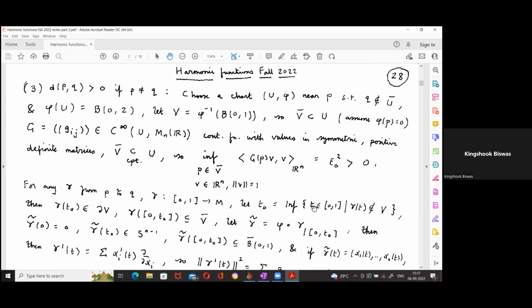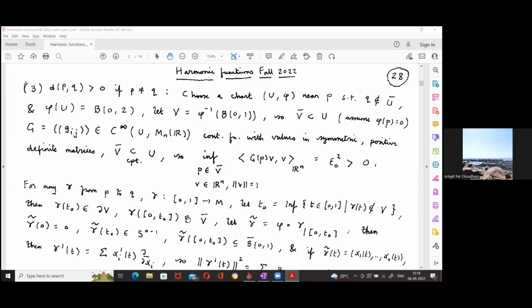This is the infimum over t in [0,1] such that gamma(t) is not in V. This set is non-empty, because gamma(1) is equal to Q. So I can take its infimum. I look at the first time when I exit the neighborhood V. Then because it's an infimum, gamma(t naught) is going to belong to the boundary of V, and gamma of the interval [0, t naught] is going to be contained inside V closure. Is this clear?